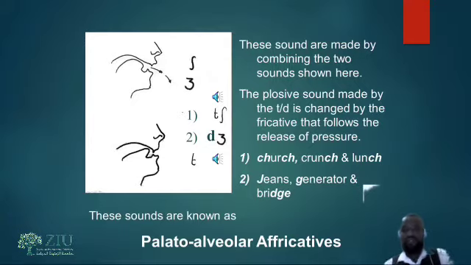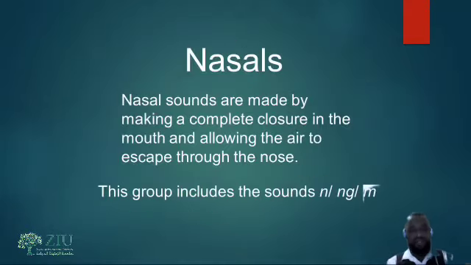The difference between plosive and affricative sounds is that the release is smaller, so plosive is stronger. For this reason, we call them palato-alveolar affricatives also. One of them is ch, like chair, and ja, like jeans, jam, generator, bridge, etc.